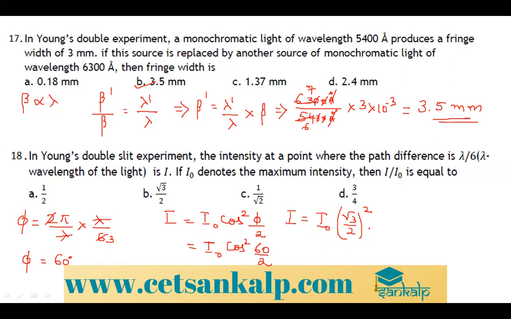Okay, now I want the ratio of I divided by I naught. So this is nothing but I naught 3 divided by 4. So I by I naught is 3 by 4, because it is a square. Option D. Clear? Right.